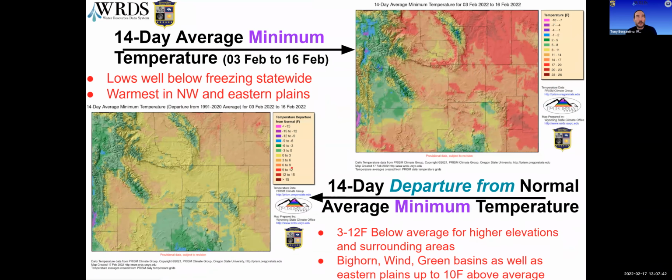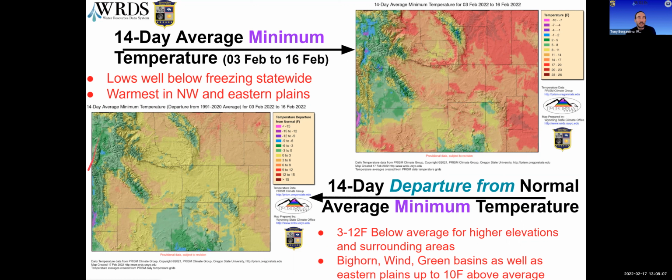Looking at temperature now, this is the 14-day average minimum temperature, and you can see lows still well below freezing statewide, obviously coolest in the higher elevation areas. And this down here on the lower left is the departure from normal average minimum temperature over that 14-day period.